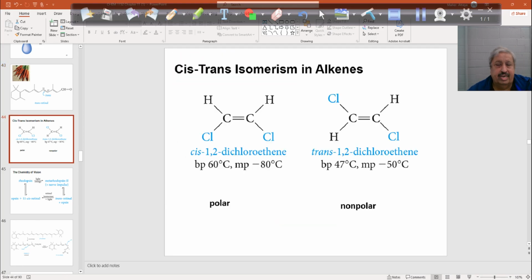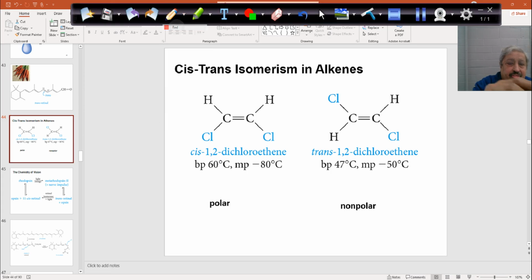So this is cis and trans. You can see the cis and trans are different in physical and, as such, chemical properties. Not only does the orientation affect their physical and chemical properties, you can see they behave differently chemically and physically. The boiling point is 60 for the cis.